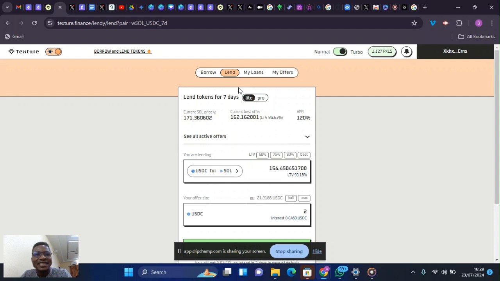You have a 100% APR lending experience, 100% APR for all your lending tokens, and the UI is good. They are still building. You can see my points have already been updated to 1127, just within a few minutes.